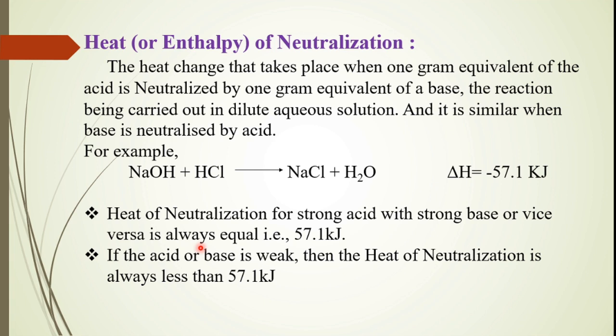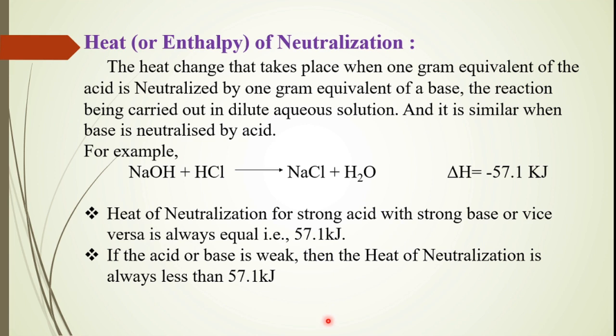That means 57.1 kilojoule. Whichever strong acid and strong base react with each other to form salt and water, the heat evolved will always be equal to 57.1 kilojoule. If the acid or the base is weak, or both of them are weak, then the heat of neutralization is always less than 57.1 kilojoule.